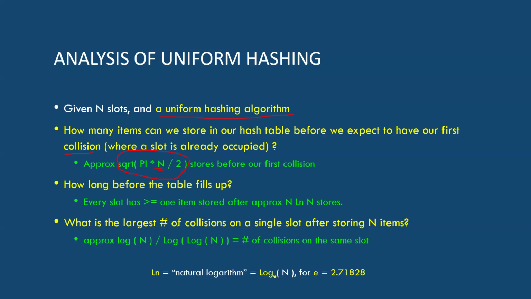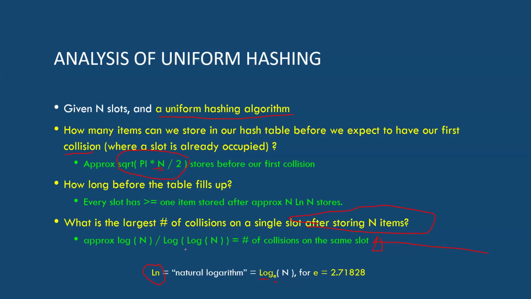And what is the largest number of collisions on a single slot after storing an item? There are all sorts of interesting equations we can pull up to calculate these probabilities. Now, notationally, going forward, if you see us using ln, that is the natural logarithm, which is really just log base e.